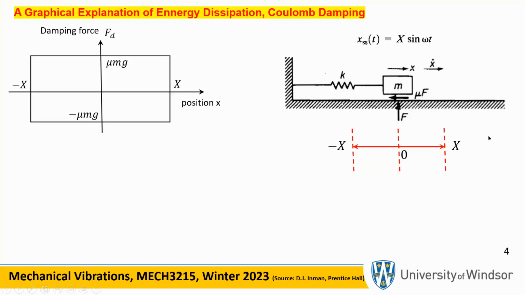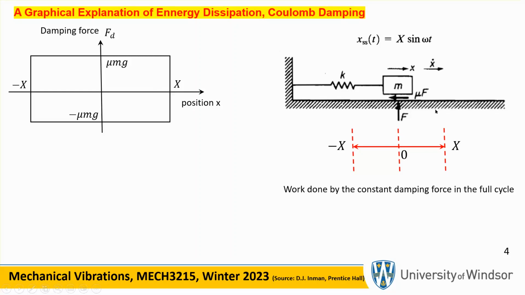And then when it goes back, it's going to be mu f acting to the left. So it's right here, the position of x as a function of the friction force mu f, which is mu mg, because f is mg. Mu f is going to be negative because it's pointing to the left over a distance of 2x, like that.